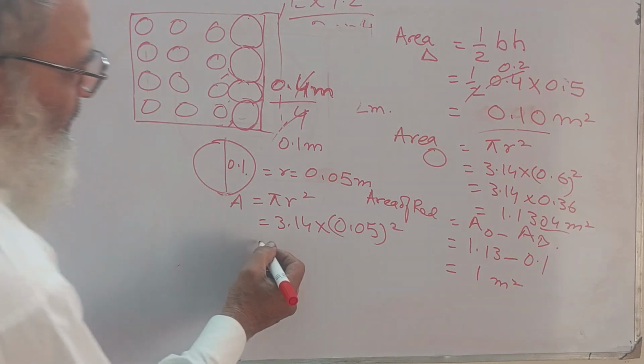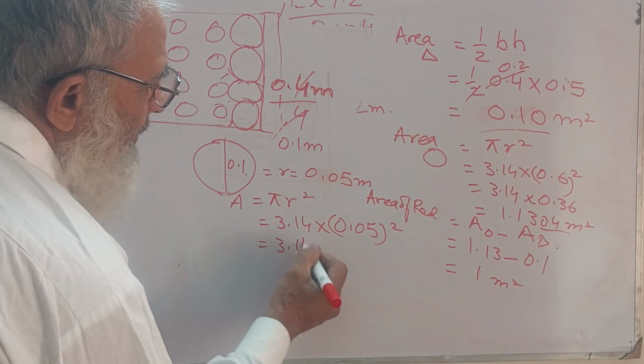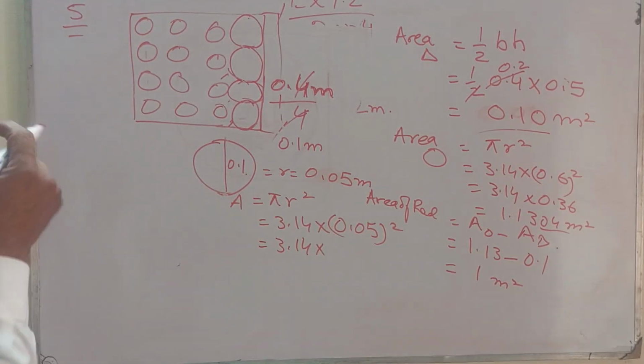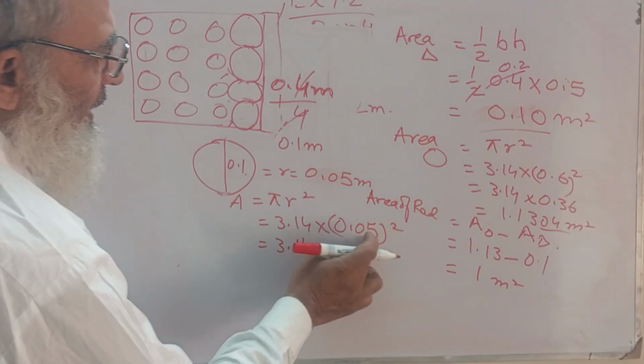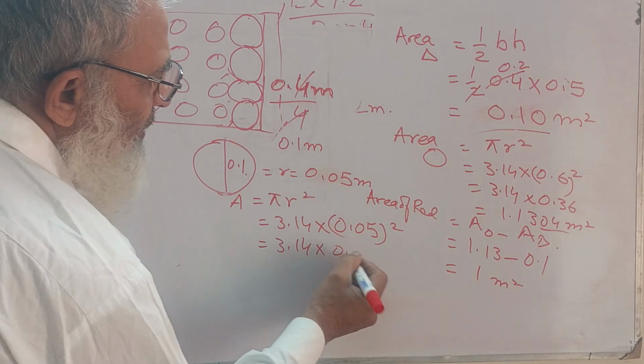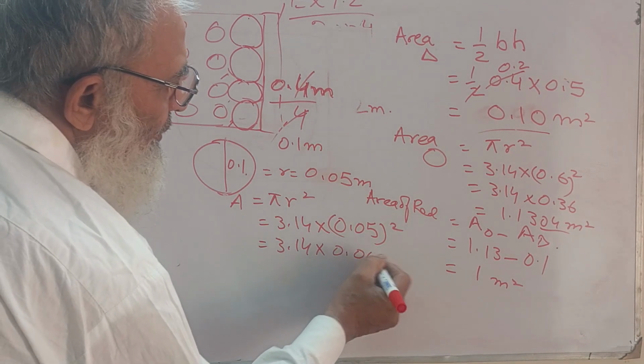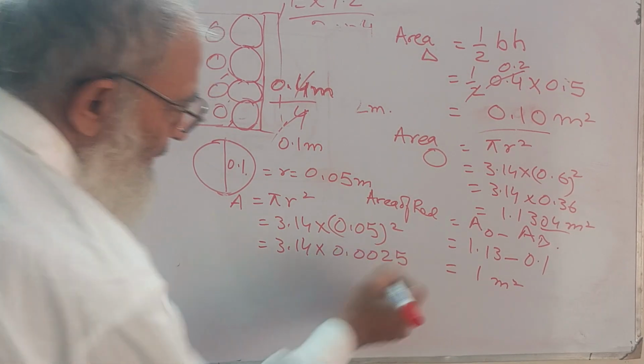So it will become 3.14 multiplied by, you see that there are four decimal places now.